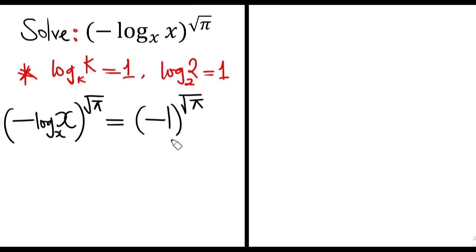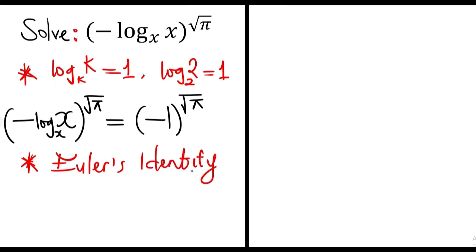At this point, the next thing I'm going to do is look for a way to rewrite this minus 1. That is why my attention is drawn to Euler's identity. The one I'm going to need is the one that says exponential of pi i plus 1 equals 0. So what if I bring this outside?